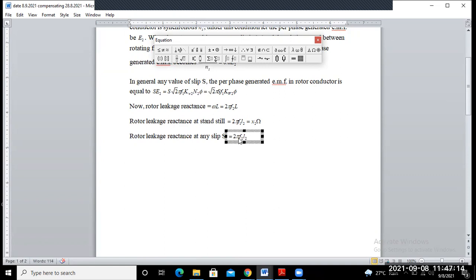You know how we can represent the rotor frequency in terms of the stator field supply frequency: it is the product of the slip and the supply frequency.